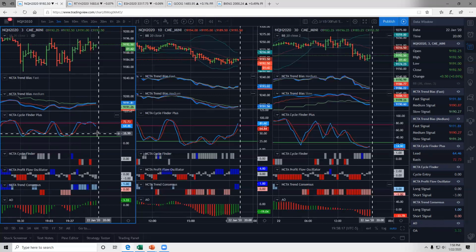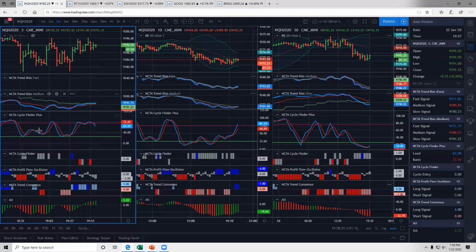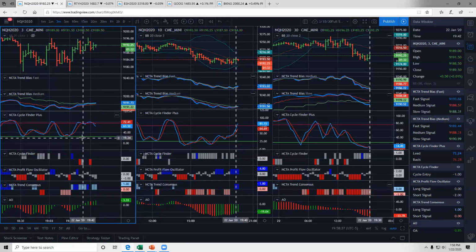Because most of the time you're going to have a drawdown, but you won't have a huge drawdown. I'm not saying it won't happen. It can gap up and be up 80 points tomorrow. But most of the time, when the reversal starts and the Cycle Finder crosses, you close it anyway. So I've never seen a huge drawdown on that personally. I haven't, but I don't watch it like a hawk.